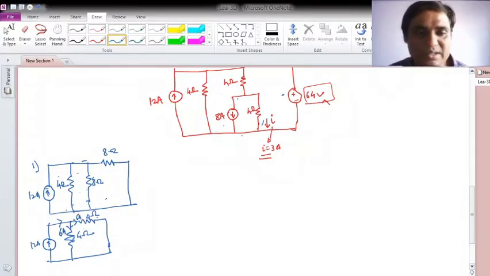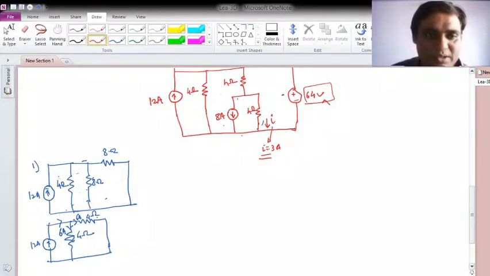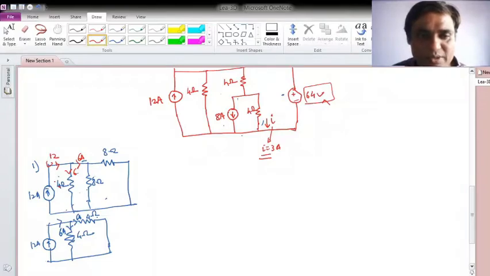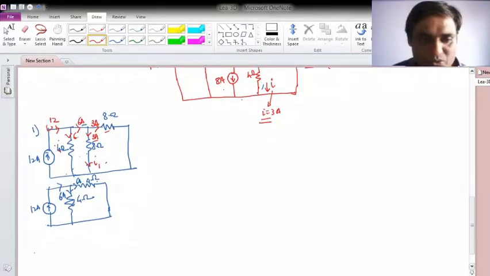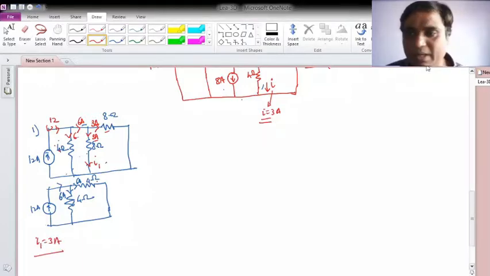Now the 6 ampere is divided here again, the resistances remain the same, so it will be divided the same way, 3 ampere here and 3 ampere here. So what about this current I1? I1 will obviously be 3 ampere, right? With physical inspection also you can quickly calculate it, I1 will be 3 ampere.